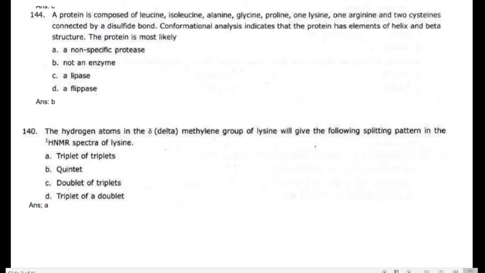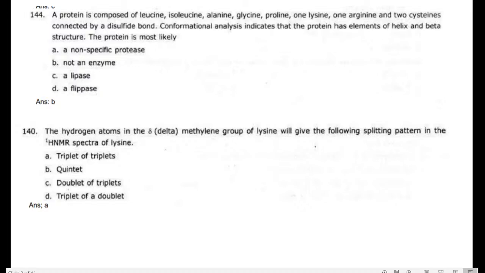Triplet of triplet means, in the pictorial illustration of NMR spectroscopy, a signal is split into a double, and each line of the double splits into a triplet. One peak is divided into two splits, that is the double split.